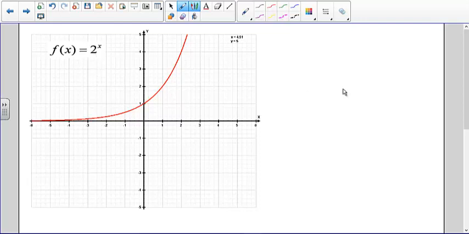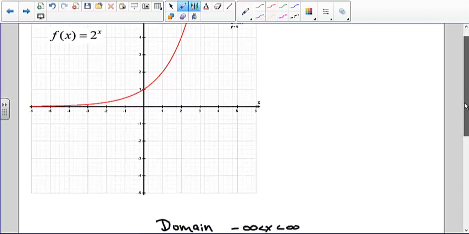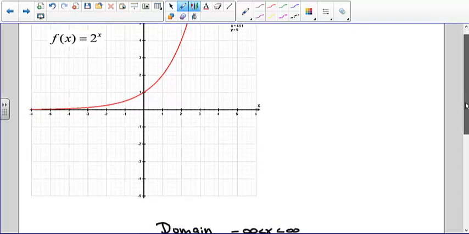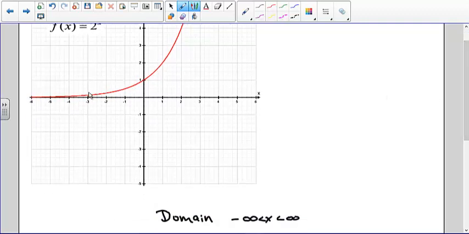We already plotted that. There are certain important things that we know about functions. We know the domain, all the possible x values: you go from negative infinity. So 2 to the negative infinity power approaches 0. And if you do 2 to the infinite power, that goes to infinity.